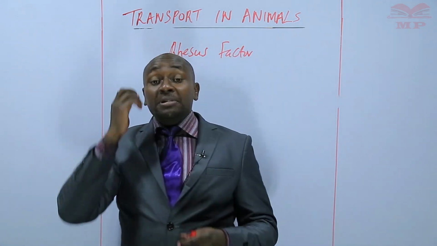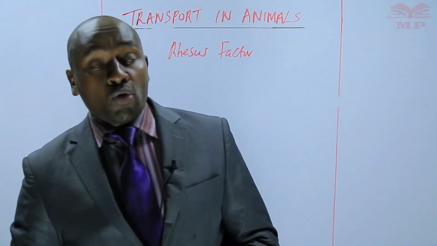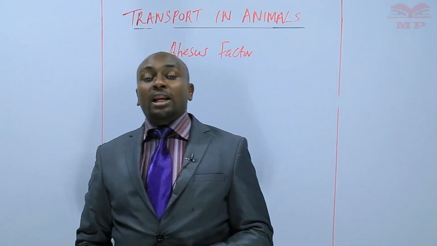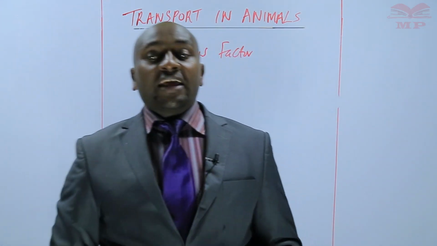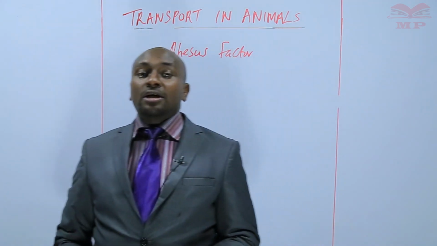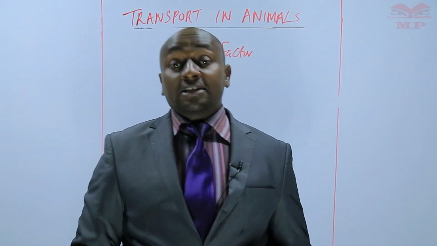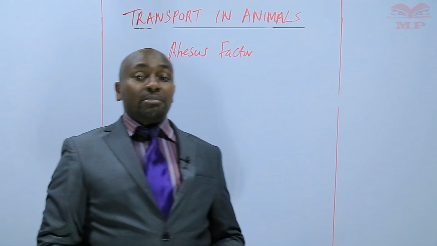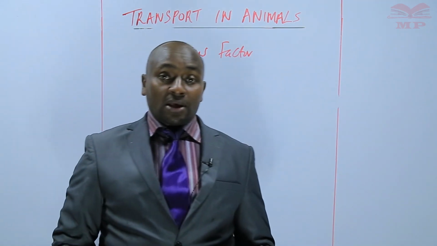Now, besides the ABO blood groups that we learned earlier, there is another antigen that is known as Rhesus factor that also determines the blood group.